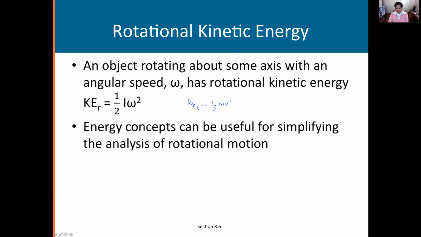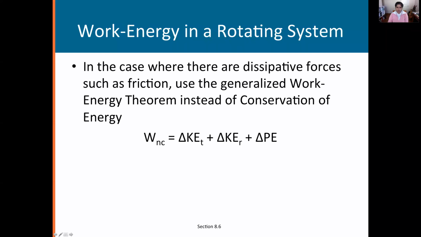So sometimes it can be quite useful to think in terms of energies to solve a problem, and the problem gets simplified. Remember, we did the work energy theorem in chapter 5, which said that if you have non-conservative forces, that means frictional forces, you need to do work against them, and the work needs to come from the difference in energy between your starting energy and your final energy.